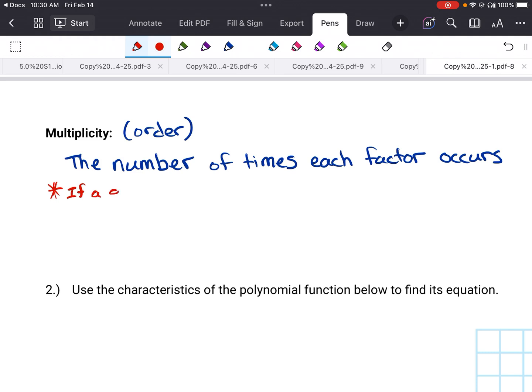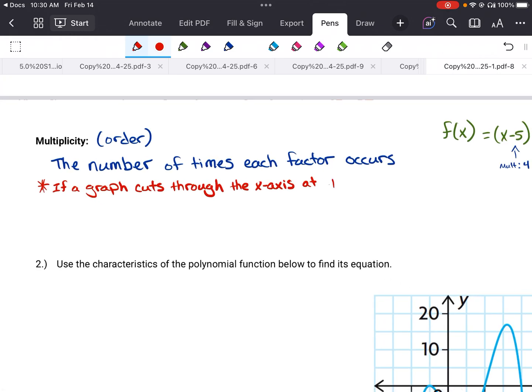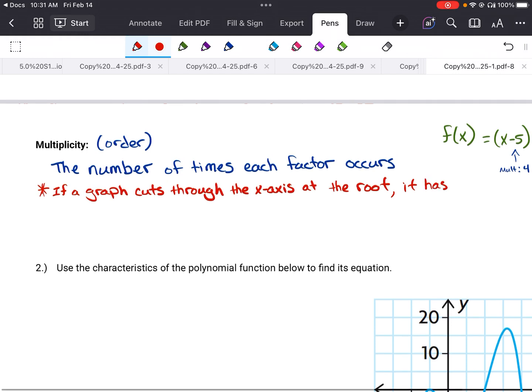Okay, let's make a star here. If a graph cuts through the x-axis at the root, so remember root is the same as x-intercept, it has an odd multiplicity.